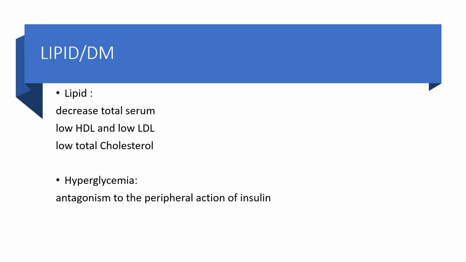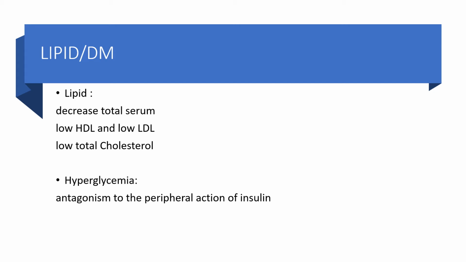Somebody will say, yes, it's all good, everything is low. No. In cardiology, the cardiologist or future cardiologists, medical students or residents will not be happy to see high density lipoprotein being low. The rest will be good, right? But we want HDL to be high.